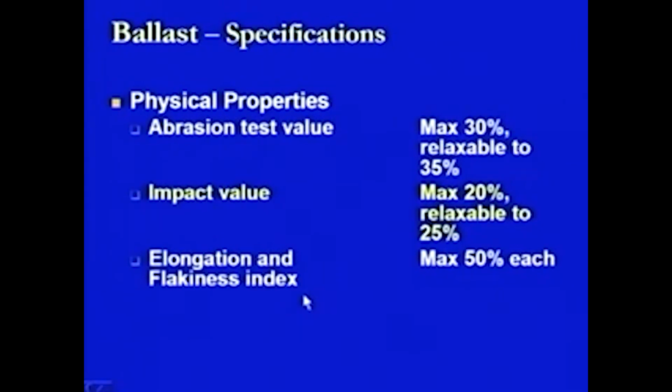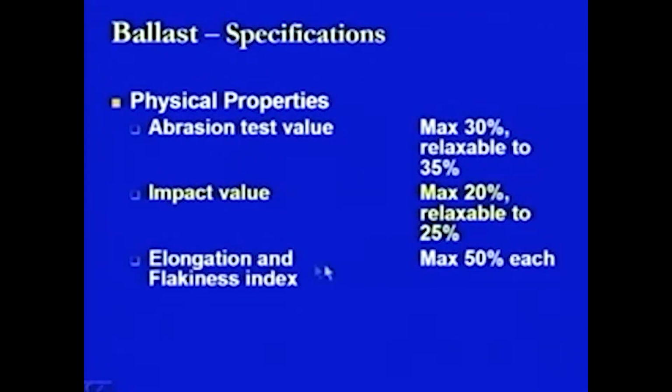If the length is much more as compared to the thickness and the width, then it is termed as elongated material, whereas if the thickness is very less as compared to the length or the width, then it is termed as flaky material. In this case, the combined value, or the values taken separately, can be at the maximum 50% each.